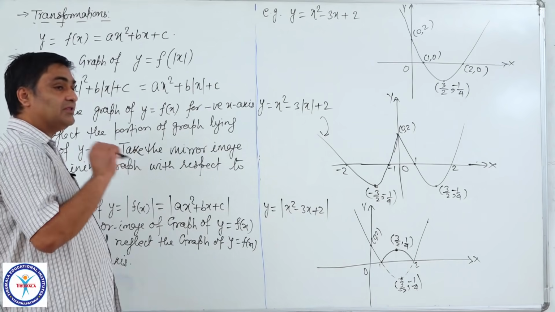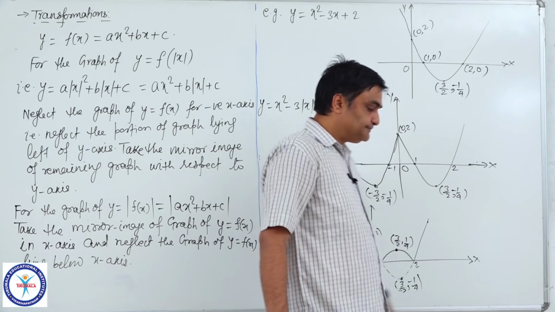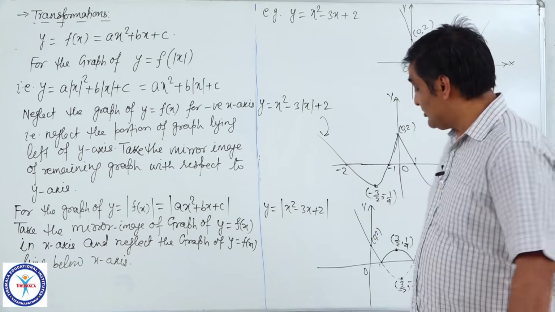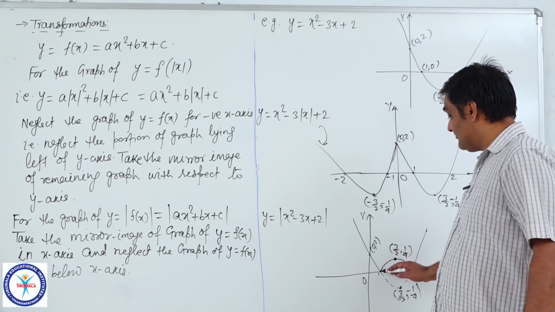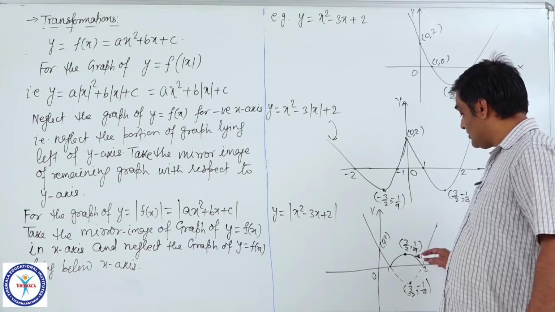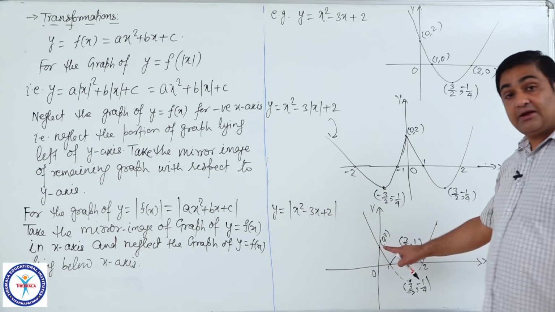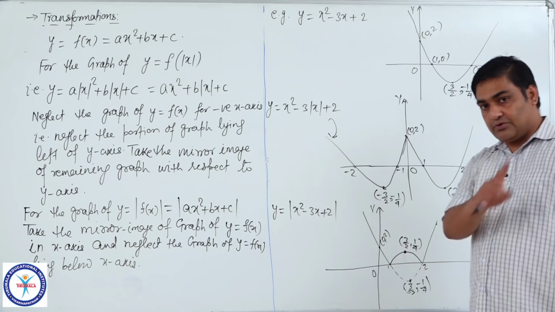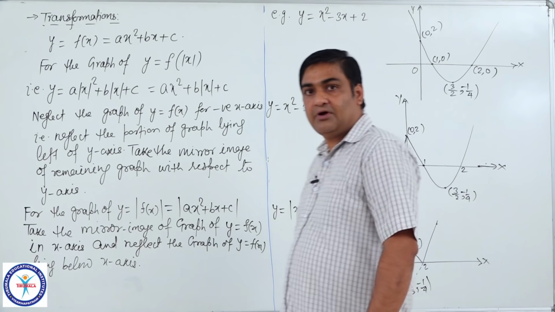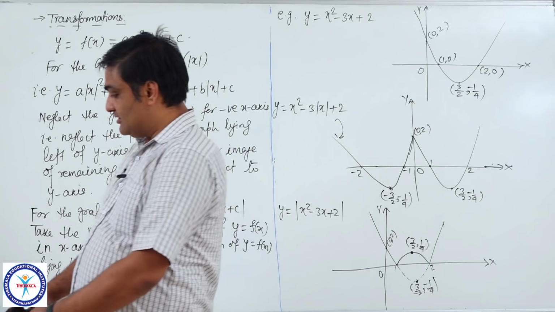Now, one thing you have to take care. Sometimes it is 0, comma 2. Sometimes this transformation will lead up to a point higher than this point, and sometimes it is below. So, you must take care of drawing the graphs.